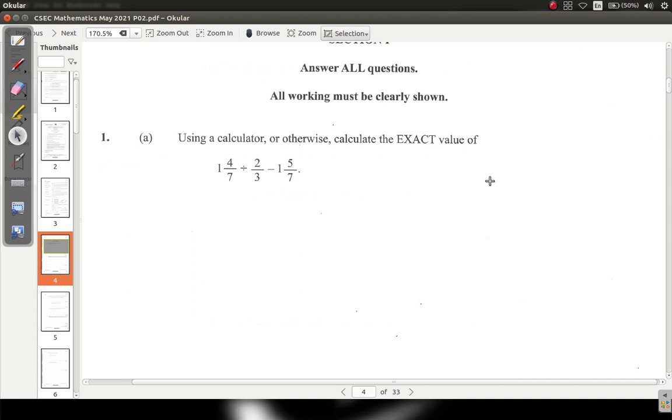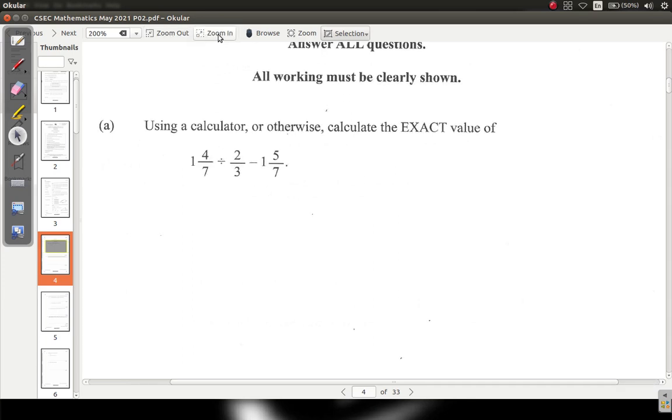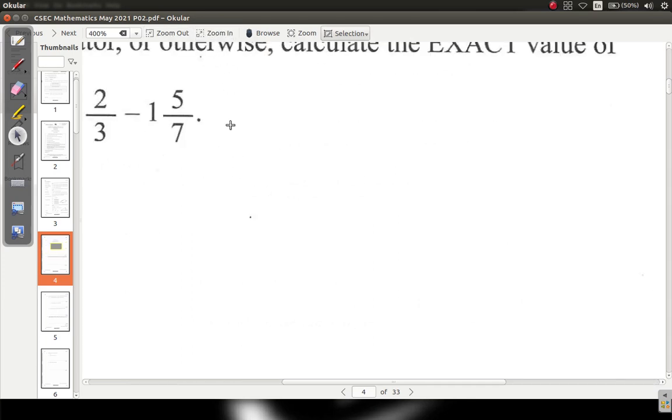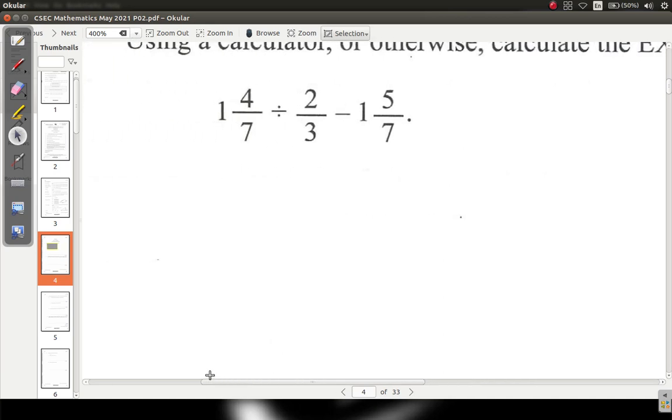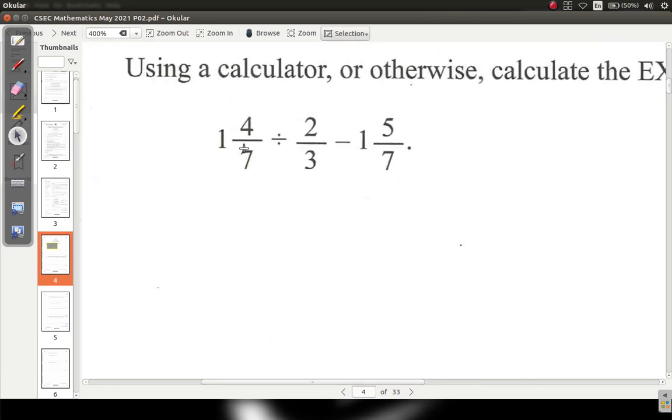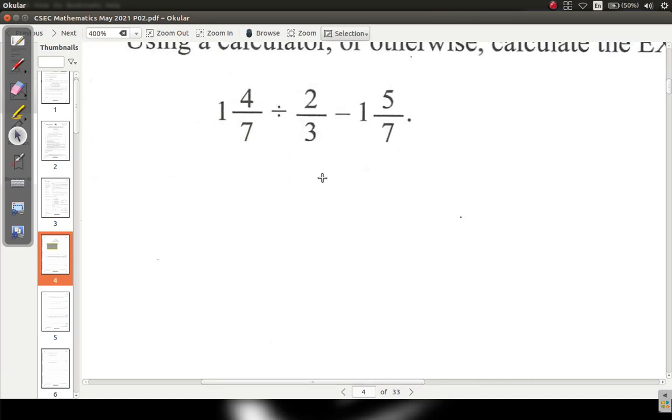Question 1A. It says using a calculator or otherwise calculate the exact value of. Let me zoom in on this. Alright, good. You see it close up. 1 4/7 divided by 2/3 minus 1 5/7.